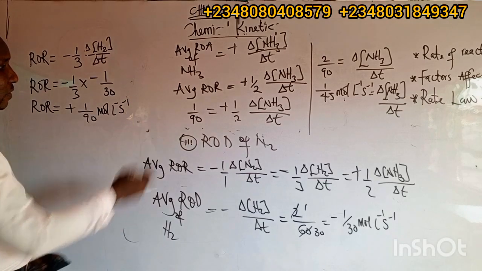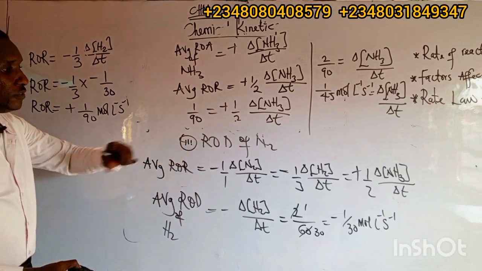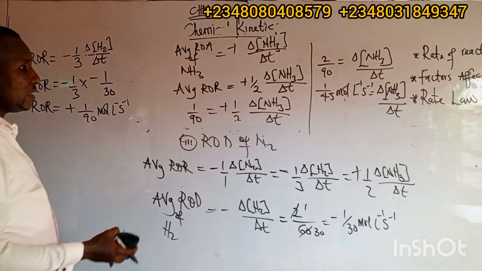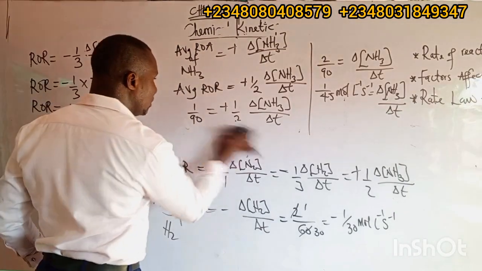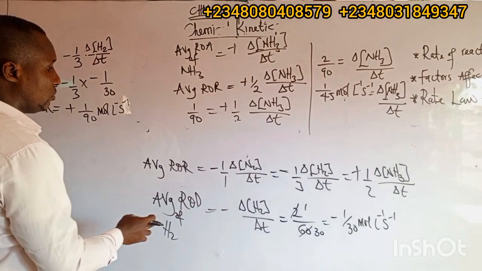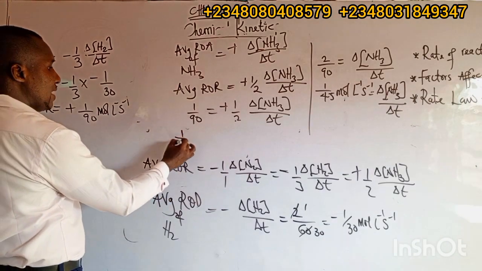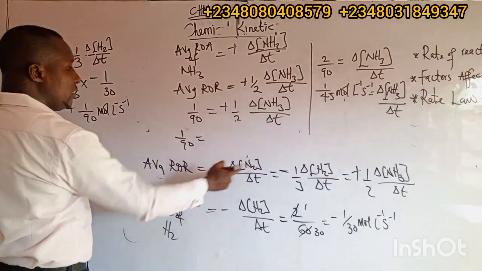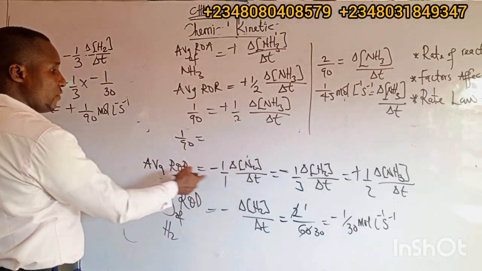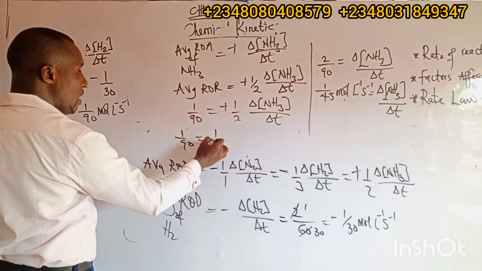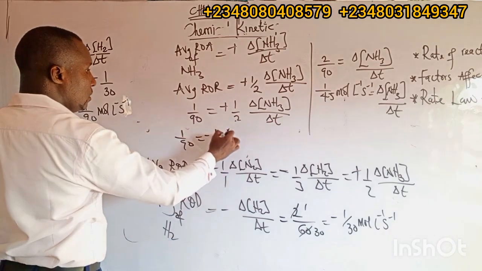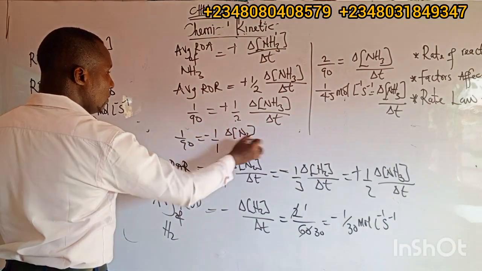The next one, find the rate of disappearance of nitrogen gas. I believe you can do that. Don't forget, the rate of reaction is 1/90. Therefore, for the rate of reaction we have 1/1 times minus the change in concentration over time.